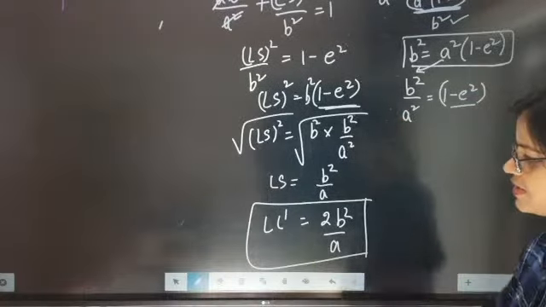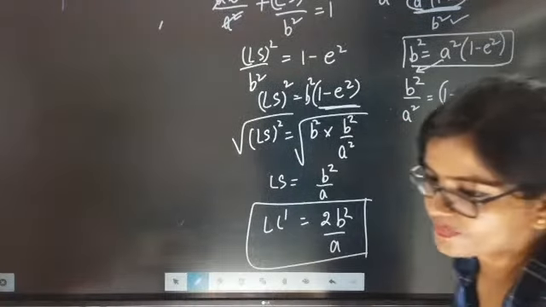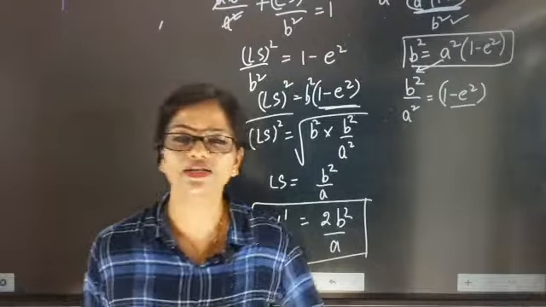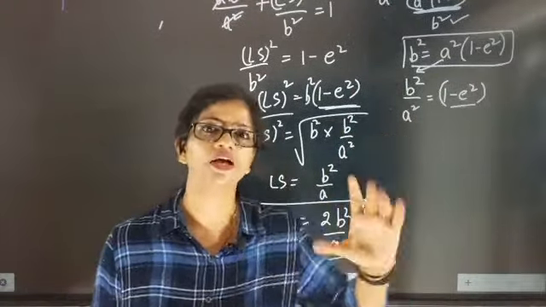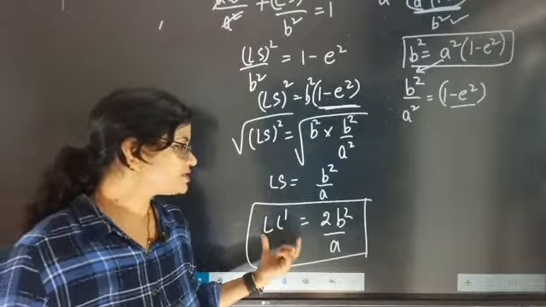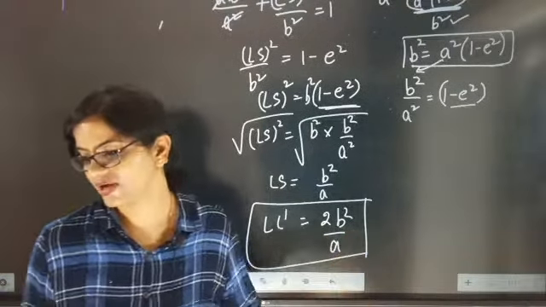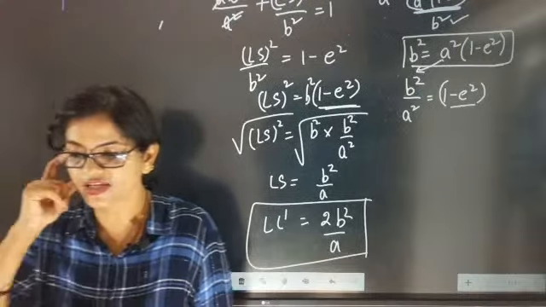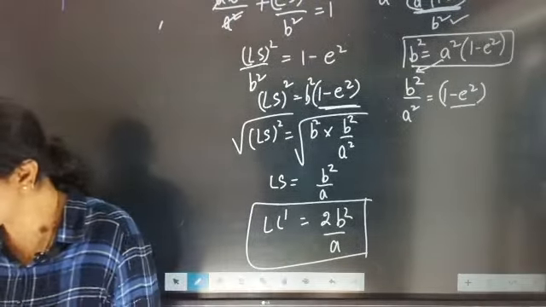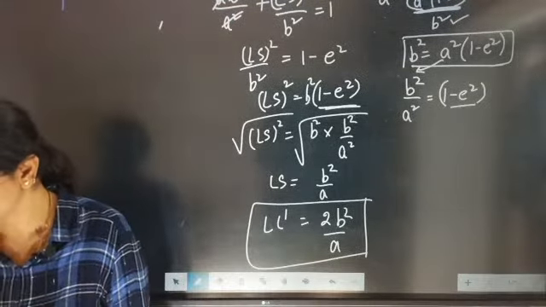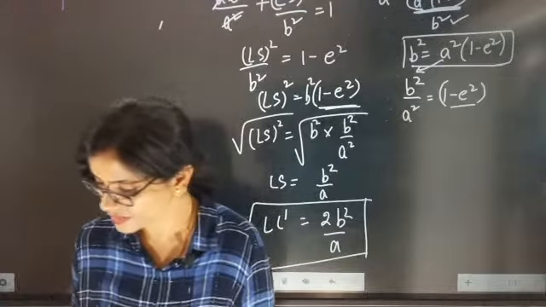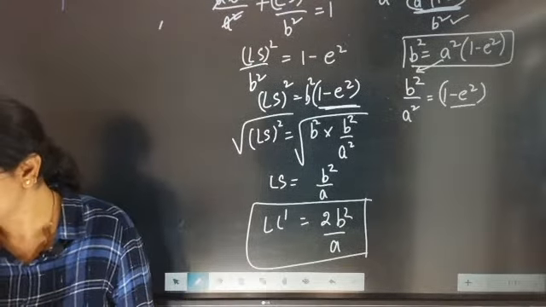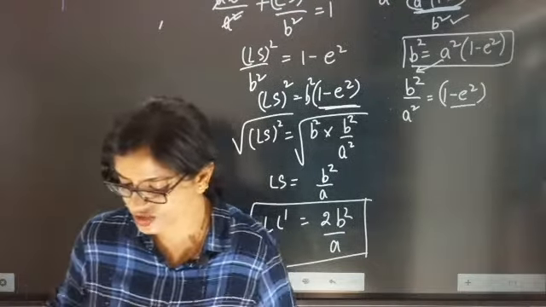Now here in ellipse the length of the latus rectum is 2b square by a. I hope till the latus rectum everybody understood. Till latus rectum everybody understood? 2b square by a, beta.